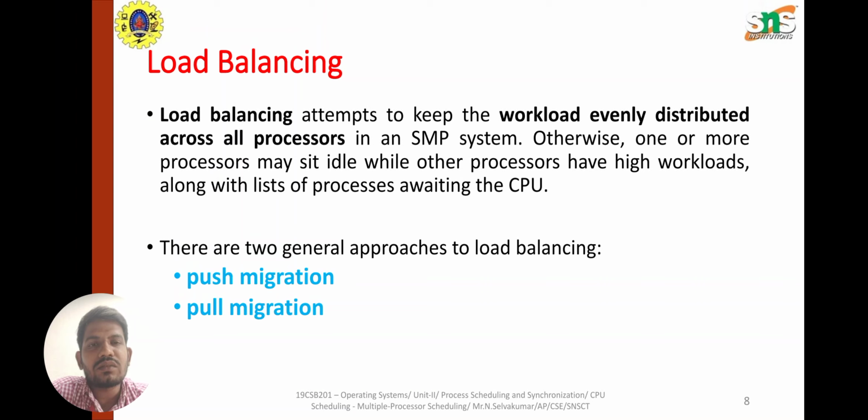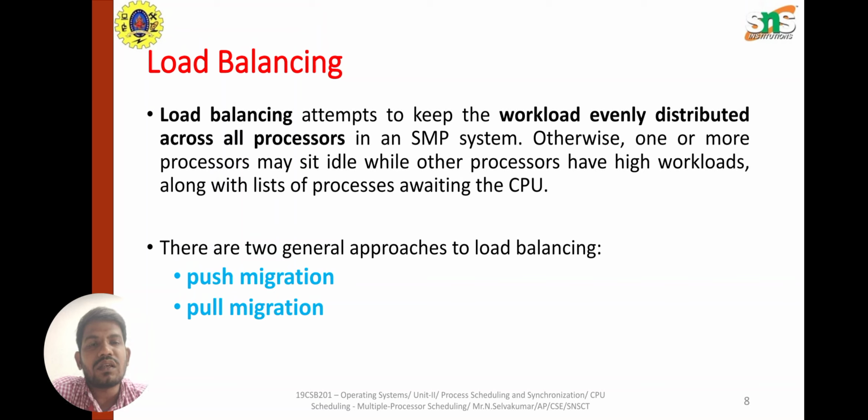Load balancing. Load balancing attempts to keep the workload evenly distributed across all processors in an SMP system. Otherwise, one or more processors may sit idle while other processors have high workloads, along with lists of processes awaiting the CPU.